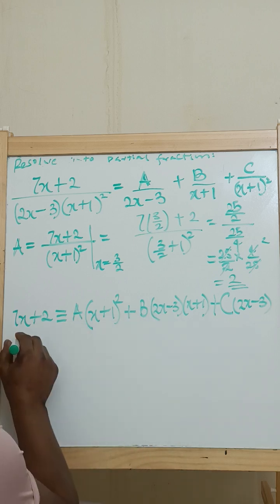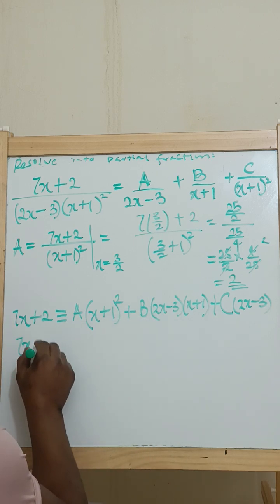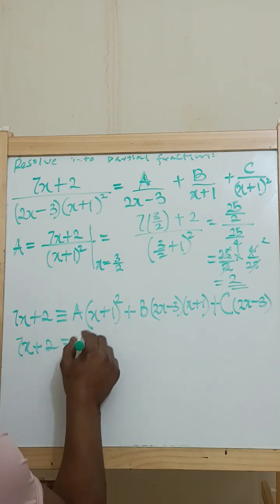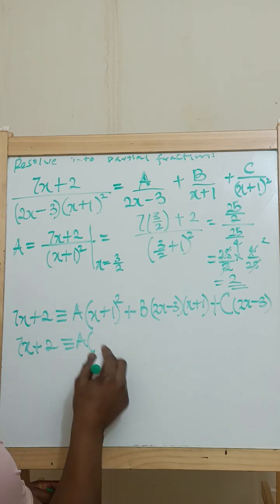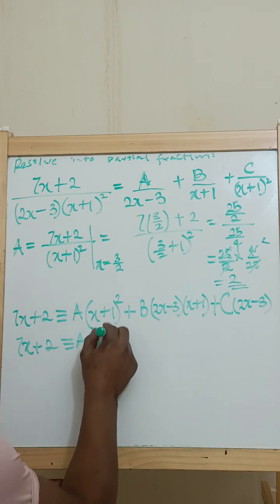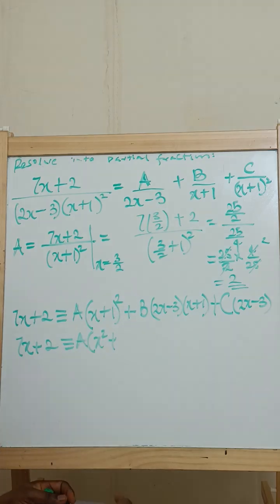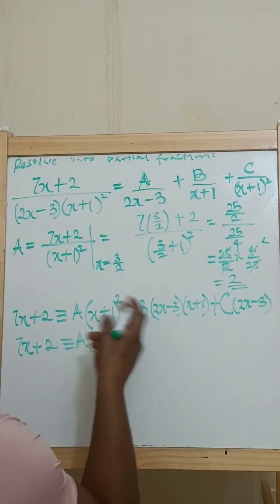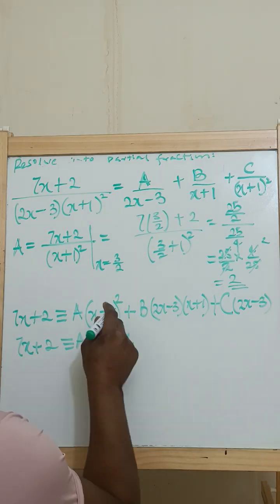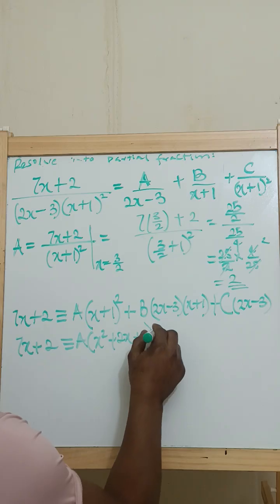With this equation obtained, we'll now expand so that we can compare the terms. So 7x plus 2 is equivalent to A times the expansion of x plus 1 squared, which is x squared plus 2x plus 1.